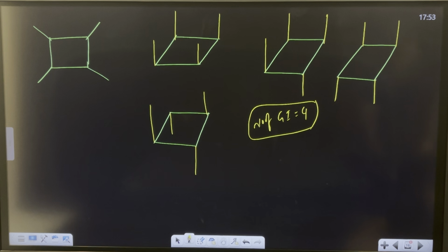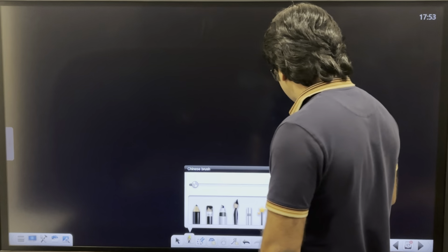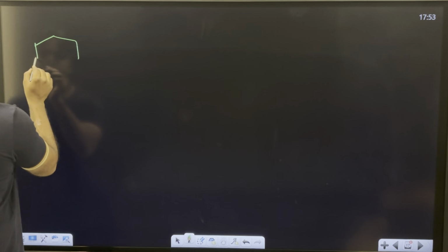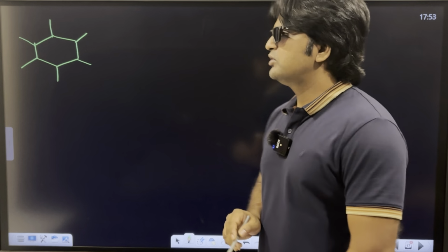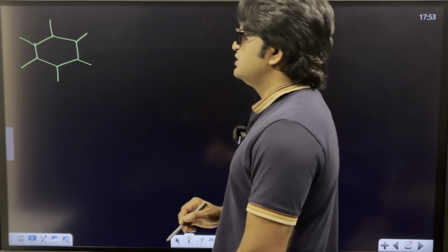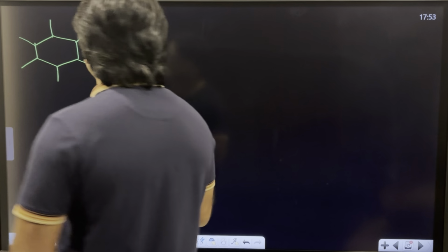Okay, next one. Another example. For example, a 6-membered ring is given, 1, 2, 3, 4, 5, 6. Very important example. How to write all possible geometrical isomers of the given molecule. At each carbon atom, 1 methyl group is there.